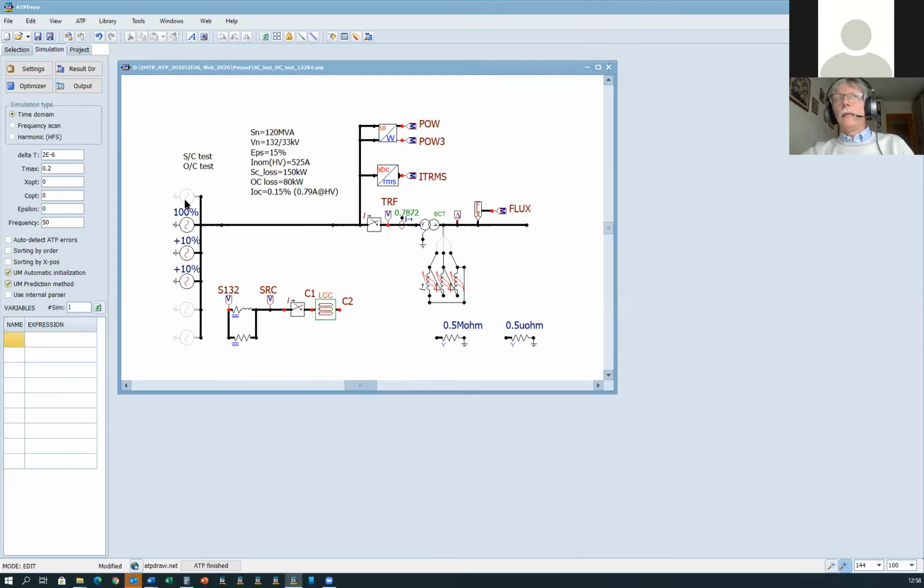For example, it's also not very well known, or maybe not for everyone, that if you connect different sources at the same node, on the screen it looks as if they were connected in parallel, but actually they are connected in series. So now I apply 120% excitation voltage, and you can check what is the steady state no load current at that excitation. If you have manufacturer data, you can check it easily.